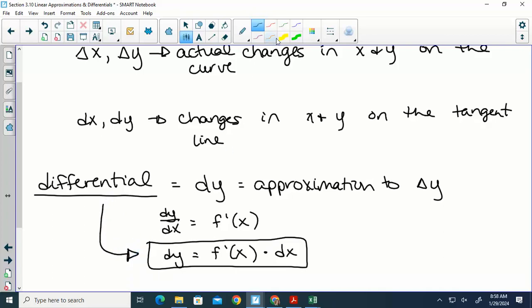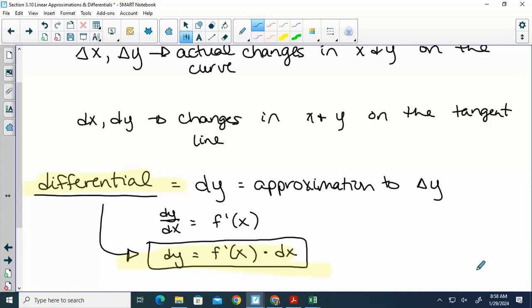So if I ask you to find the differential, that's like approximating how much our y would change. So we will take the derivative times the change in x.